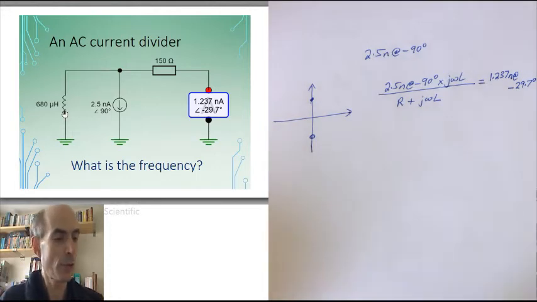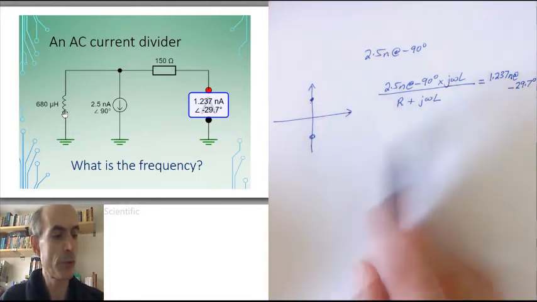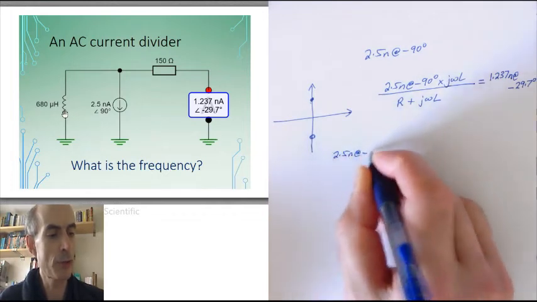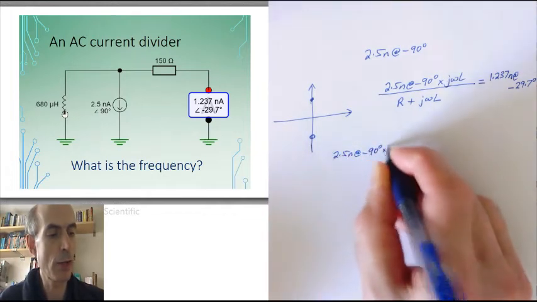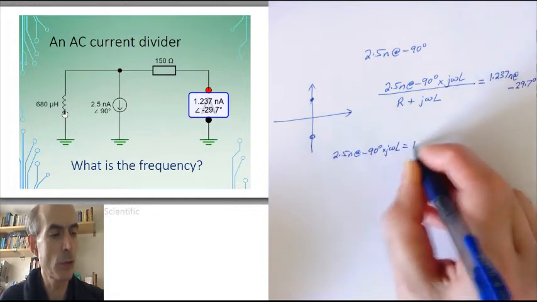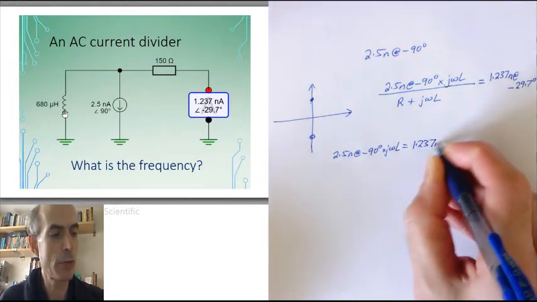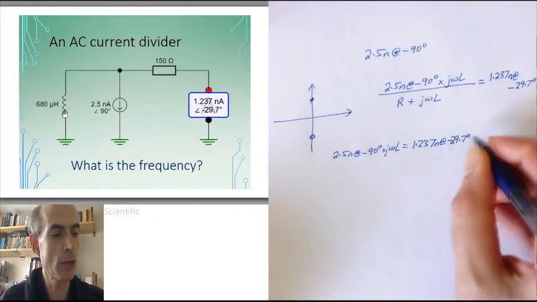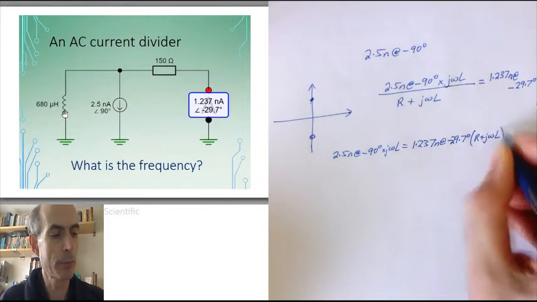Okay, so I can proceed as follows. 2.5 nano at minus 90 degrees times j omega L equals 1.237 nano at minus 29.7 degrees multiplied by R plus j omega L.